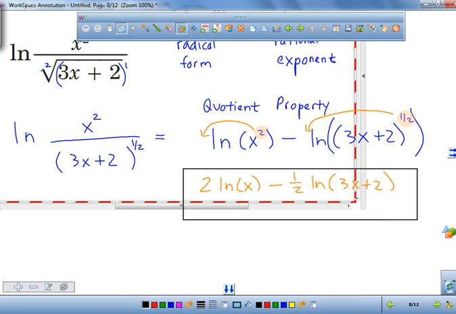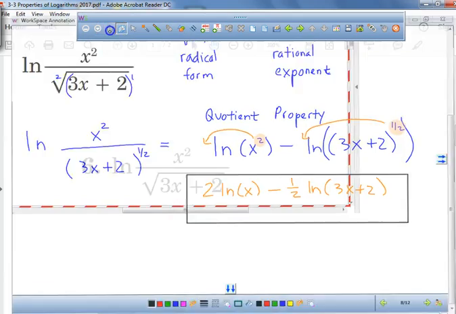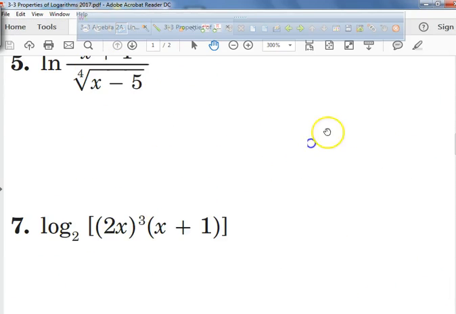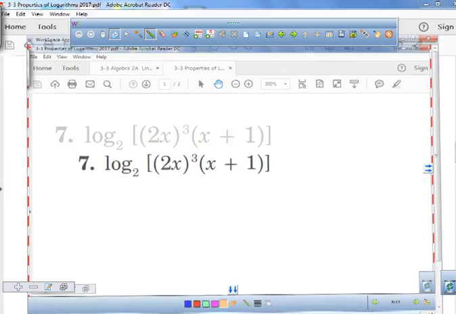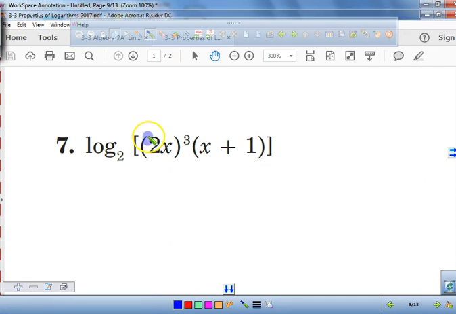We're doing one more example, and the rest of them you have to do on your own. Okay. One more example. Last problem, you want to put in your journals, problem number 7. In problem number 7, you need to realize that this right here, 2x to the power of 3, is being multiplied to x plus 1.